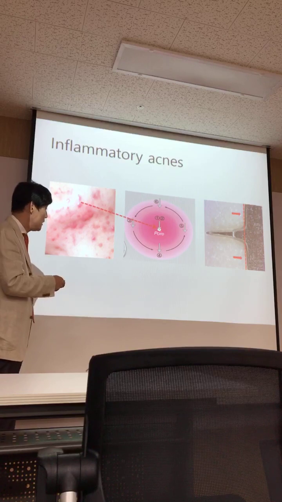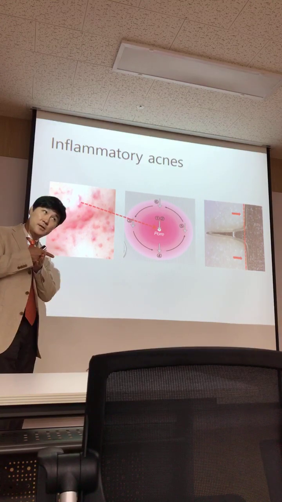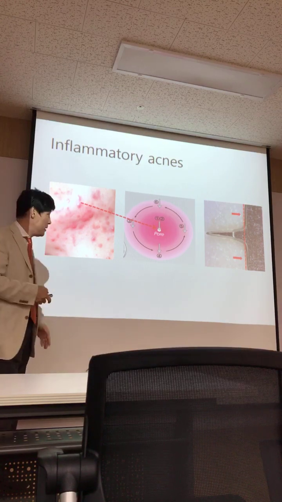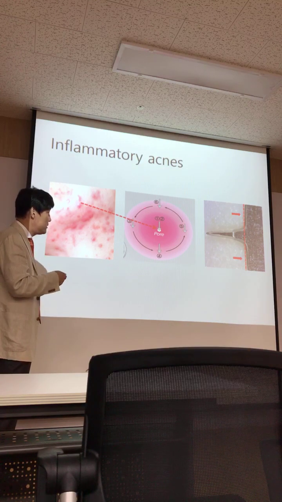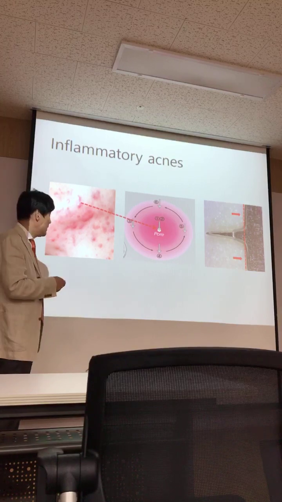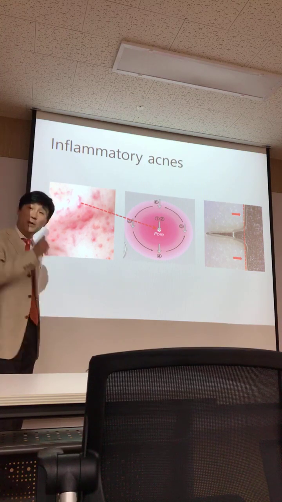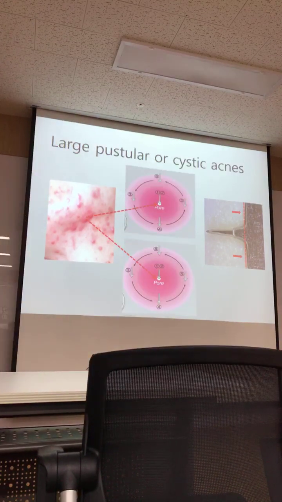Insert and press 2 times to destroy the center of the sebaceous gland. Then we give an additional 4 single shots: north, east, west, south. The distance from the center is about 1 millimeter, to destroy the lateral lobules of the sebaceous gland.